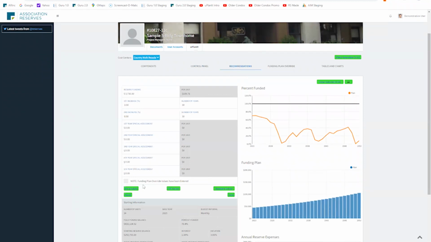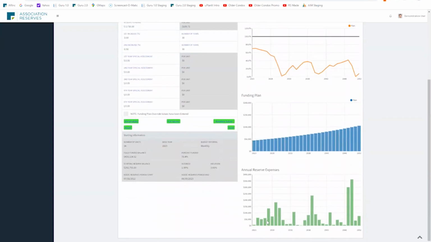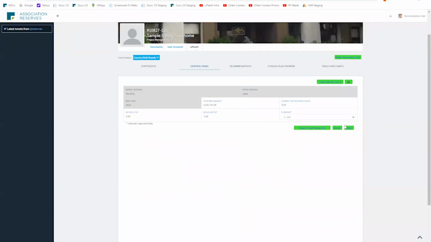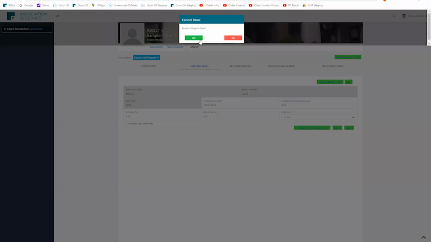Interest is only earned on the actual cash that you have in the bank, whereas inflation works its, I want to say, ugly effect on all these expenses over 30 years, not just the cash that you have right now. Okay, so let's reset this to normal.